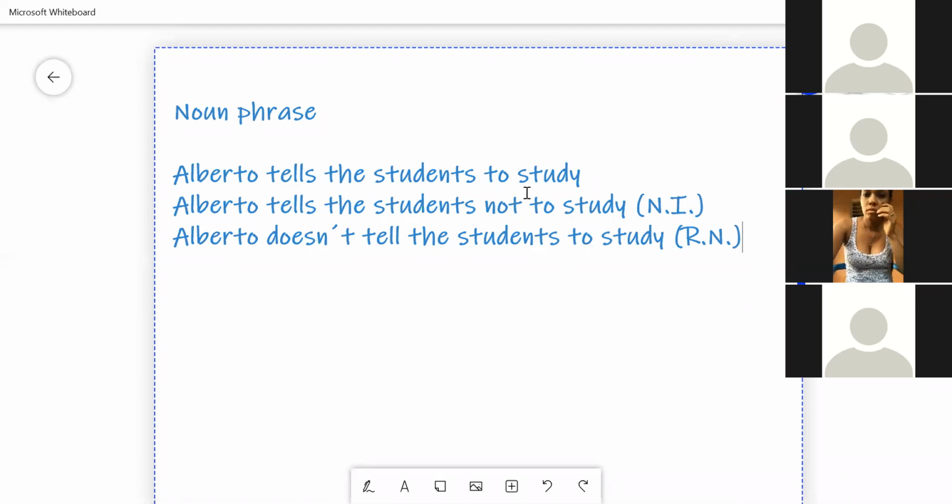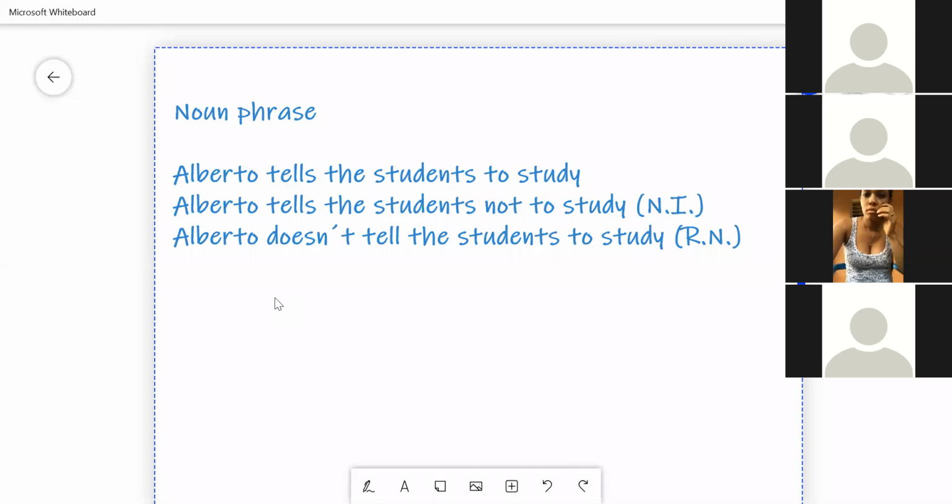We have the negative infinitive, which means that you don't change the structure of the original sentence. You only have to add "not" in front of the infinitive and that's it.